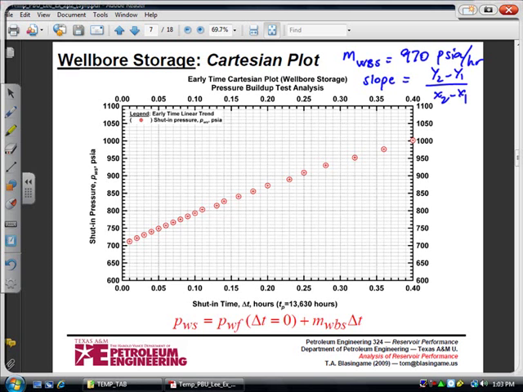So I know the slope, which is 970 psi. And if I take x1 is 0 and x2 is 0.4, I can find delta y, right? And what is the value for delta y?